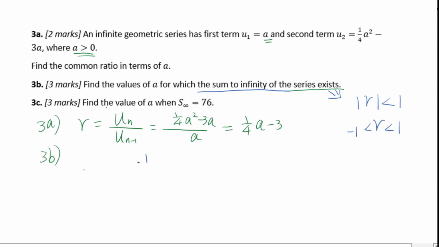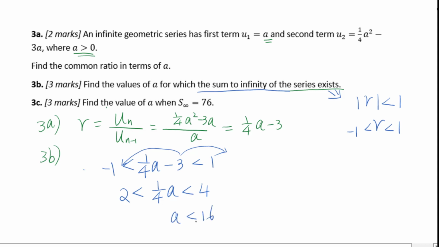So we will set up negative 1 less than 1 over 4a minus 3 less than 1. Add 3 to all sides: 2 less than 1 over 4a less than 4. Then multiply by 4: 8 less than a less than 16.